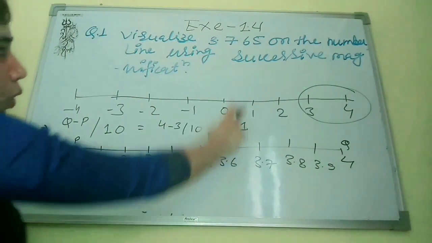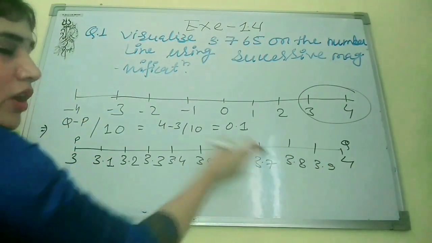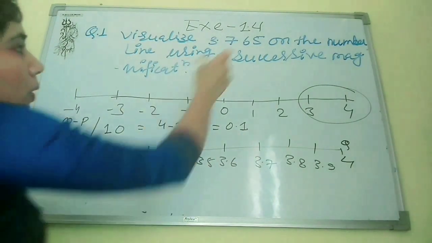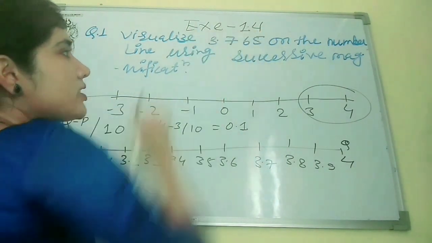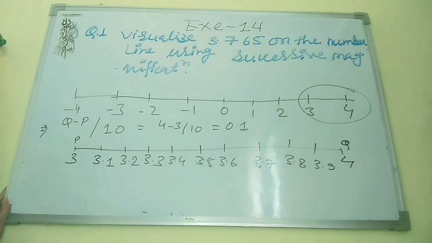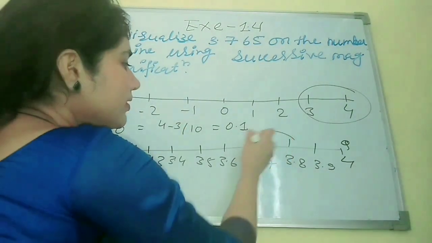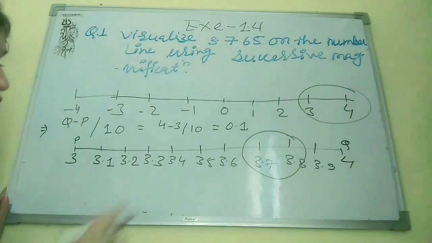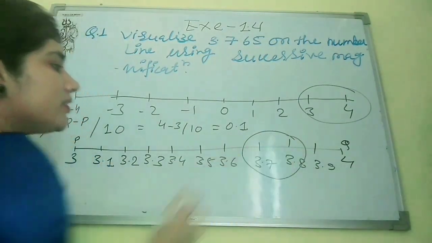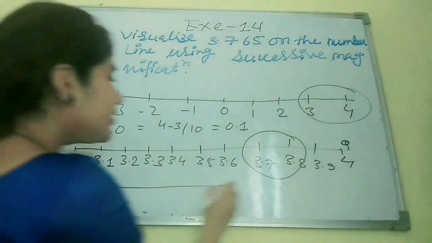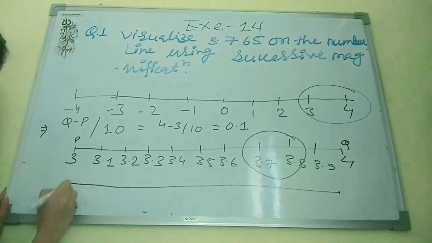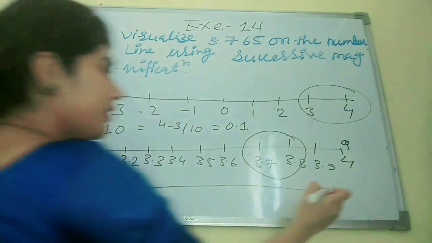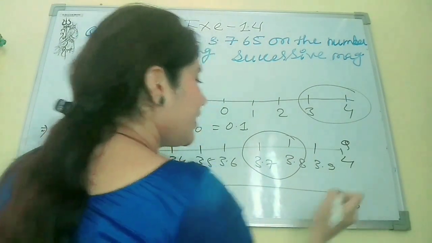Okay, so we found 3.7. Now just see the next digit, 3.76. It lies between 3.7 and 3.8.